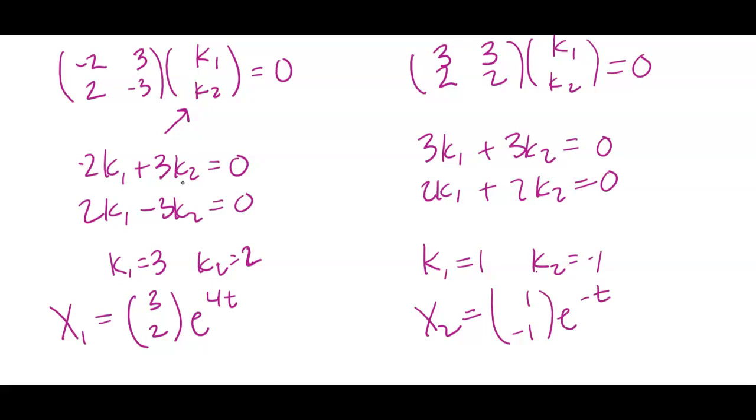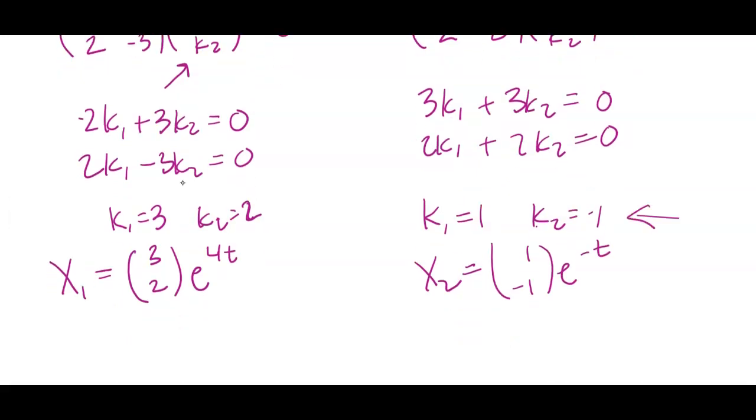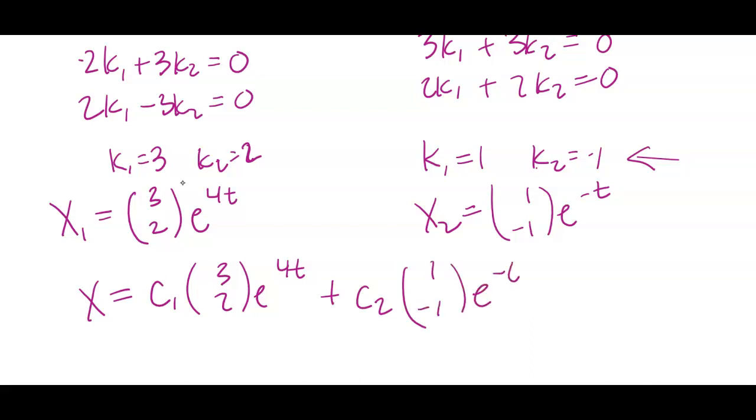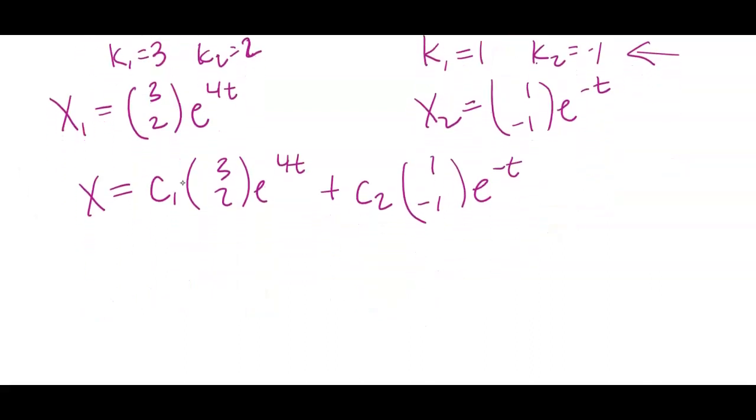Now, what if I chose something different for these? That's fine, because our general solution has that c1 in the front. If you chose 2 and negative 2, then it just means that if we have an initial condition, my C2 and your C2 might be different from each other. And that's fine.